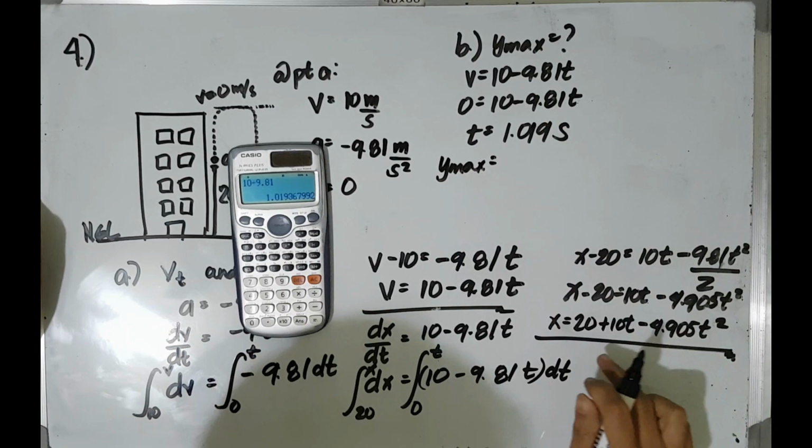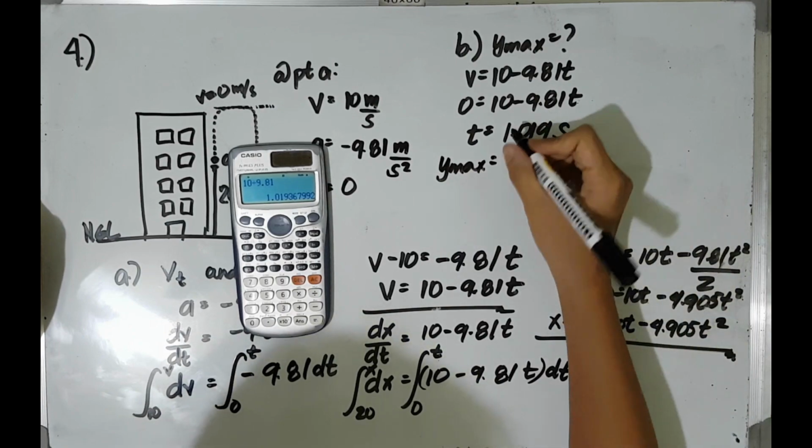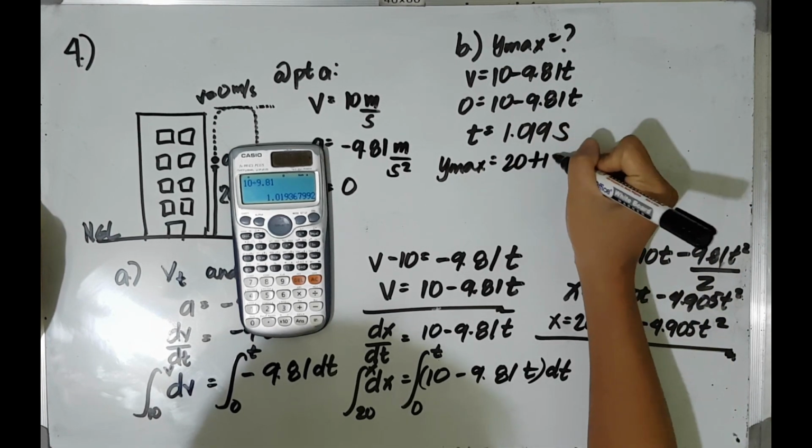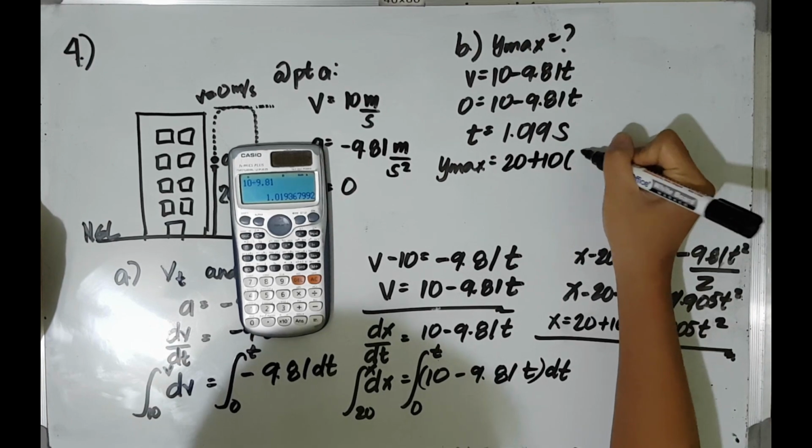And then the y max, using the equation x is equal to 20 plus 10t minus 4.905 t squared. So, correction lang.